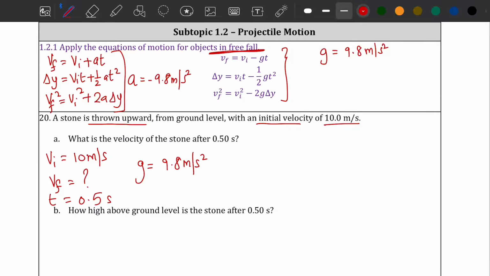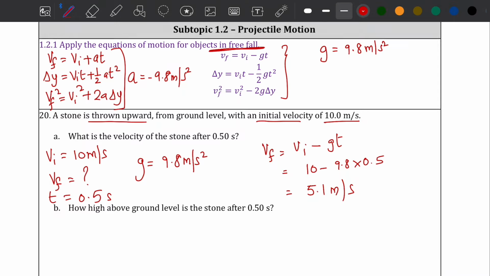Because I wrote g, I'm going to use the equations from this block. So we are going to use Vf equal Vi minus gt. So 10 minus 9.8 multiplied by 0.5, which gives us 5.1 meter per second.